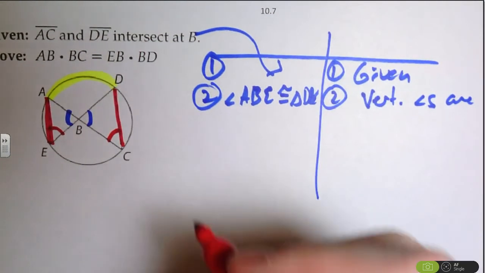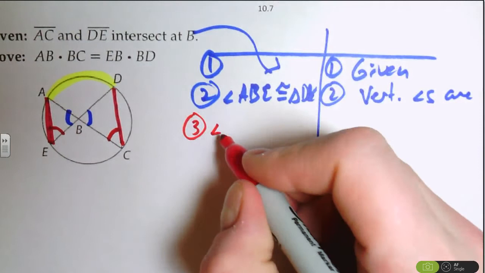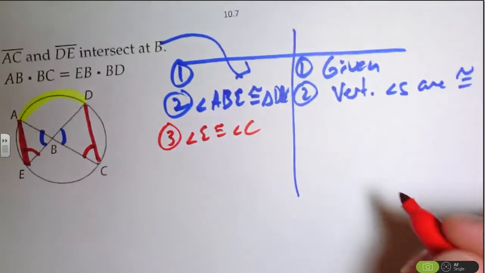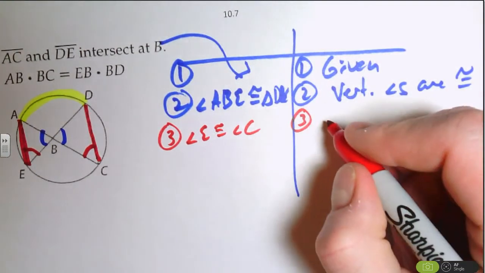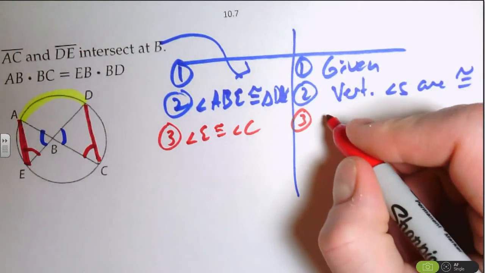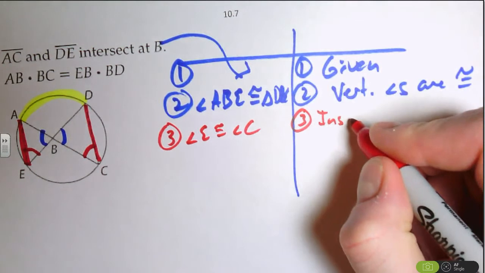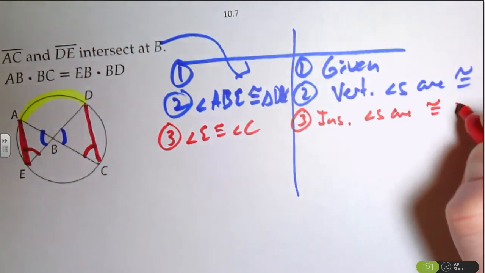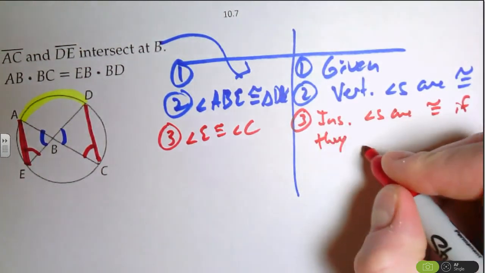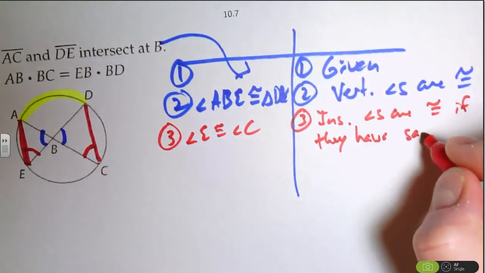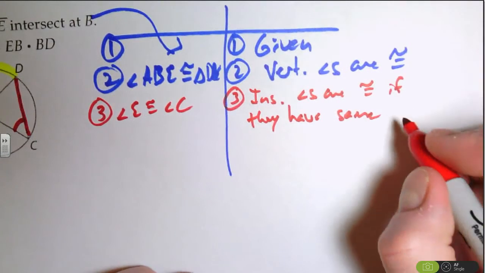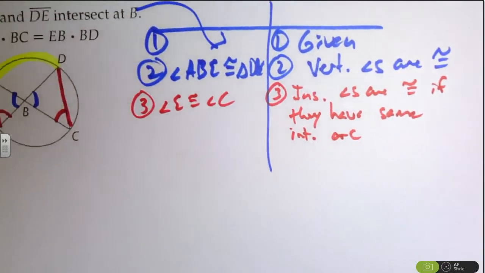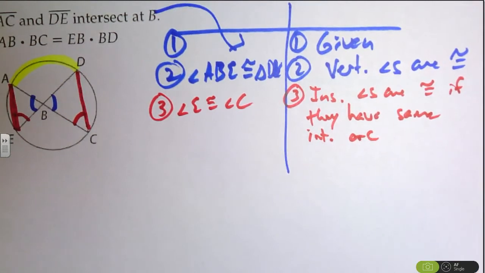So step 3, angle E is congruent to angle C, because inscribed angles are congruent if they have the same intercepted arc.